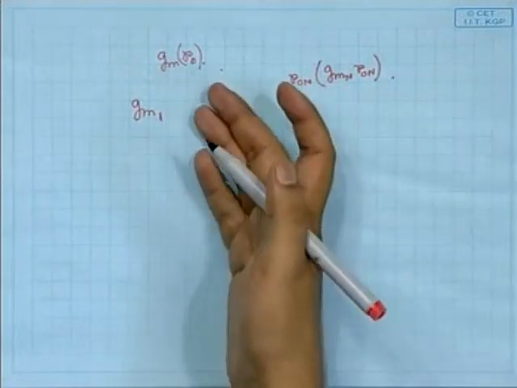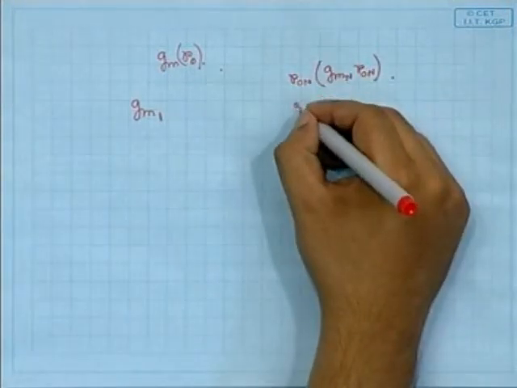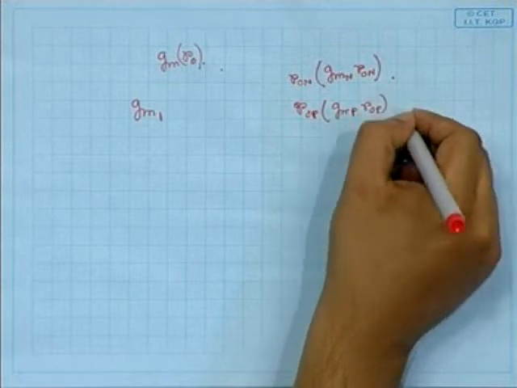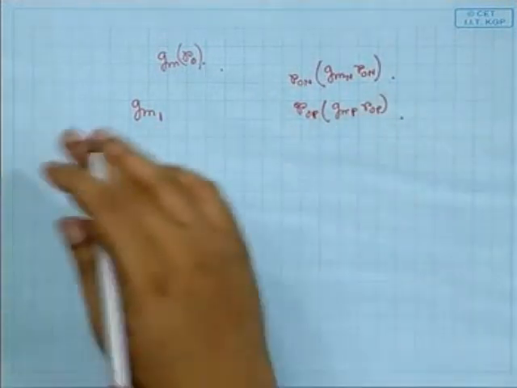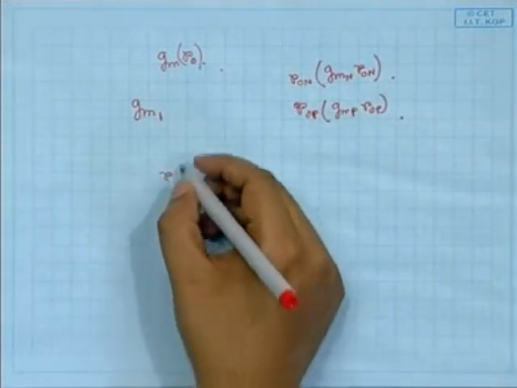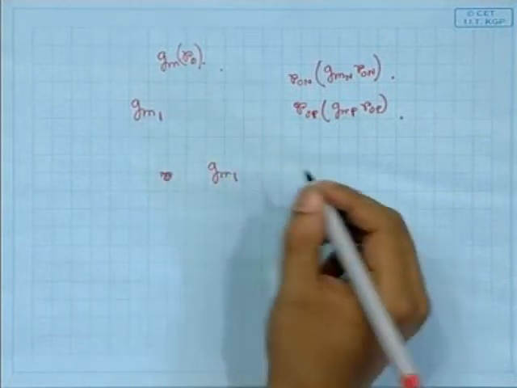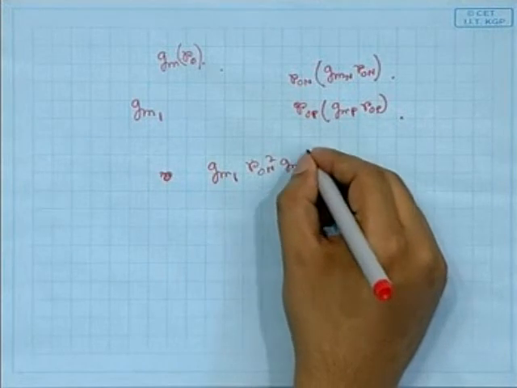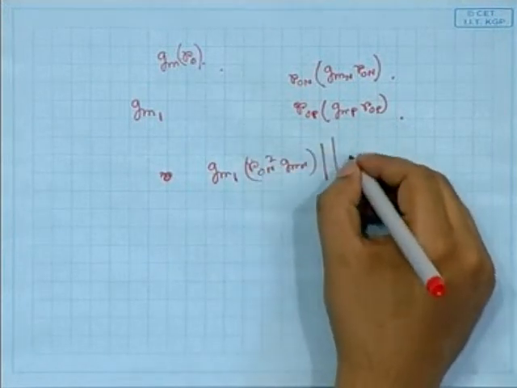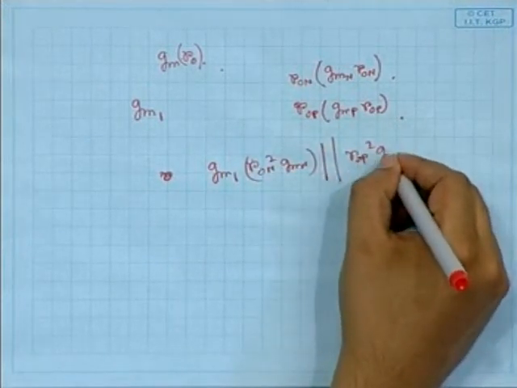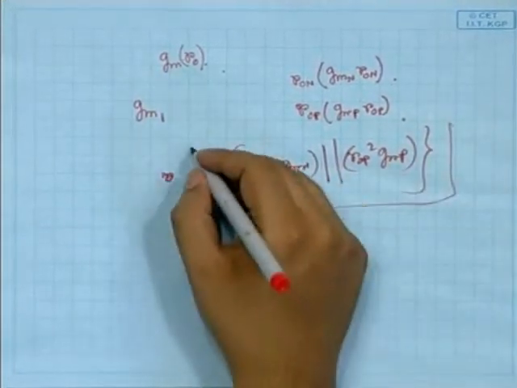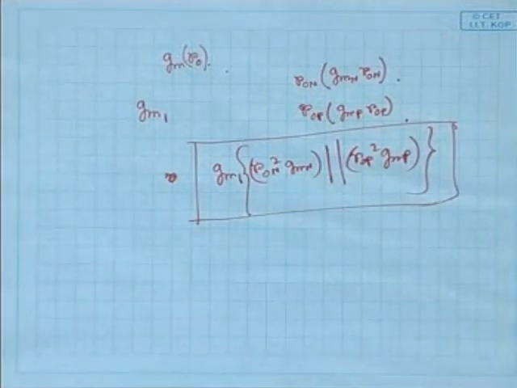For the PMOS type, again it will give a gain of R0P multiplied by GMP and R0P. So finally the overall gain would become Gm1 multiplied by R0N squared GMN parallel R0P squared GMP. This is the expression of gain for cascoding.